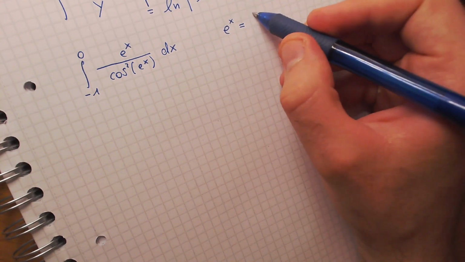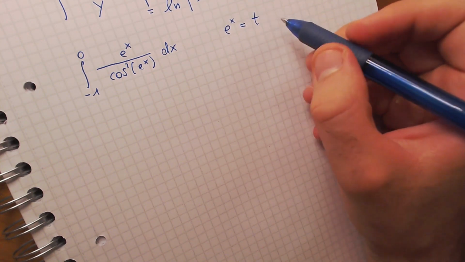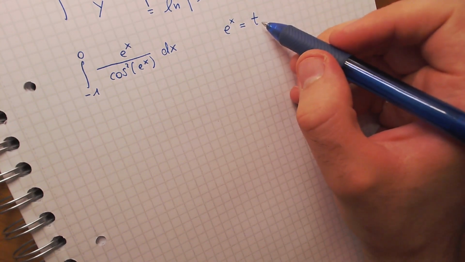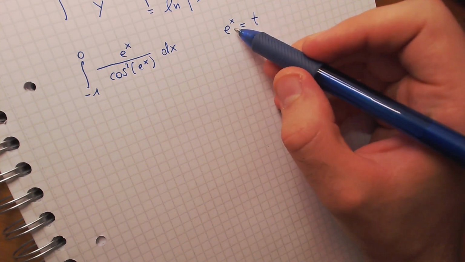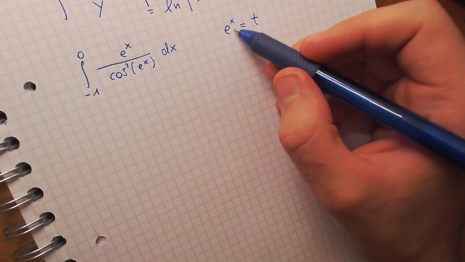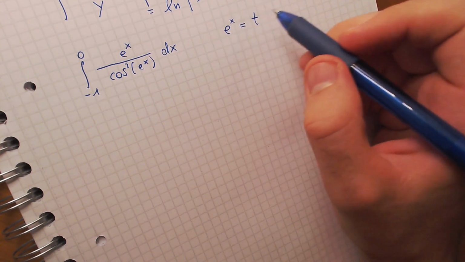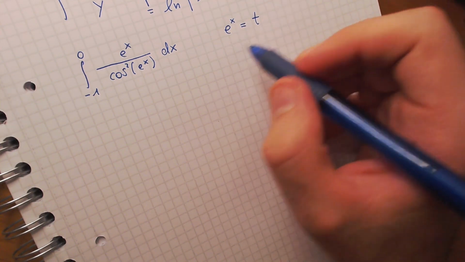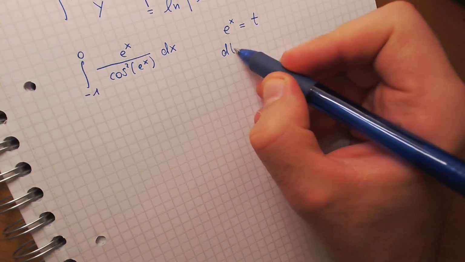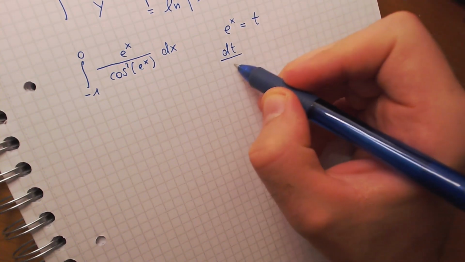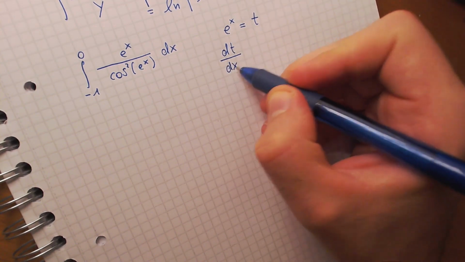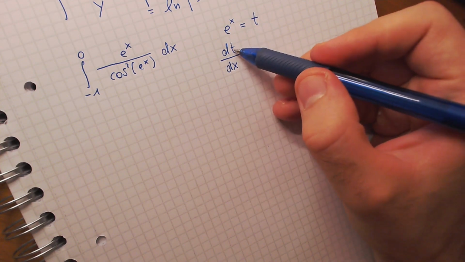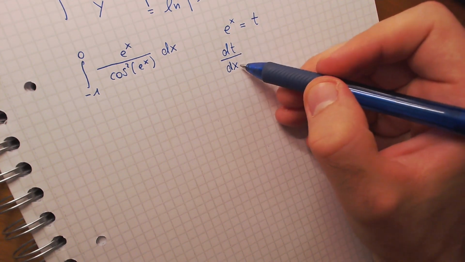We can use, for example, t in this case, so t is the new variable and is equal to the inner function. Again we need to consider the derivative of t with respect to x, the derivative of the new variable with respect to the old one.